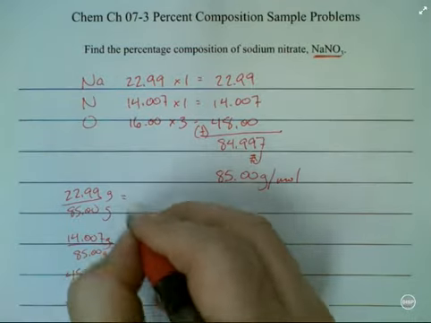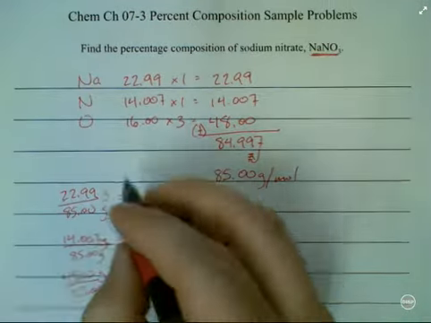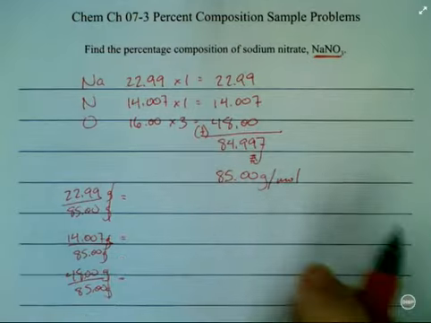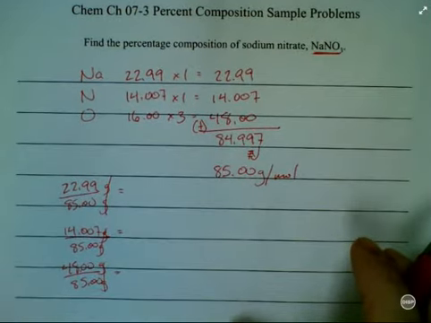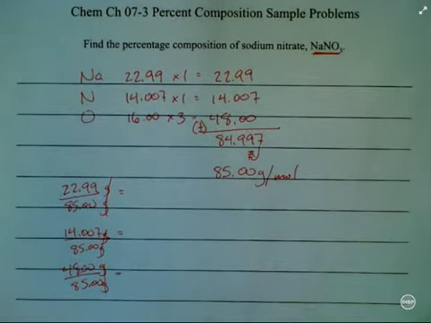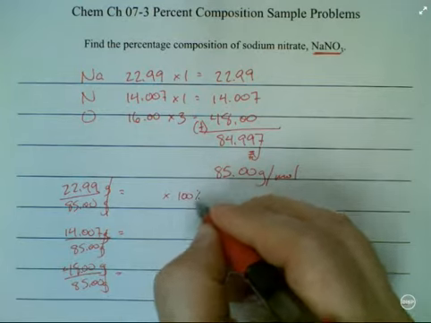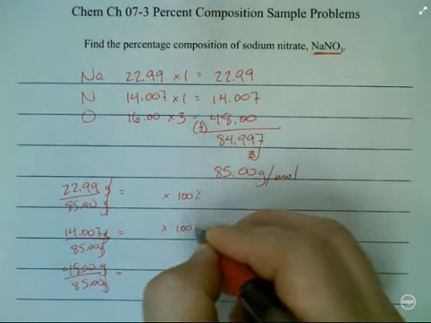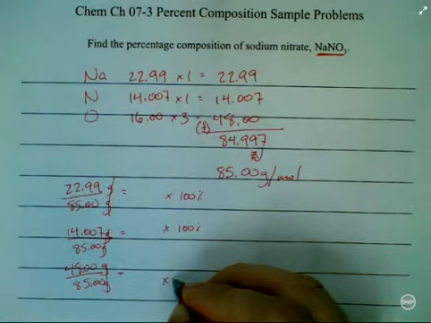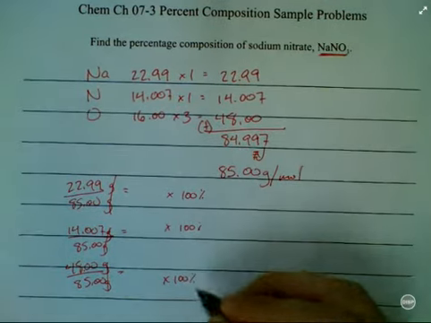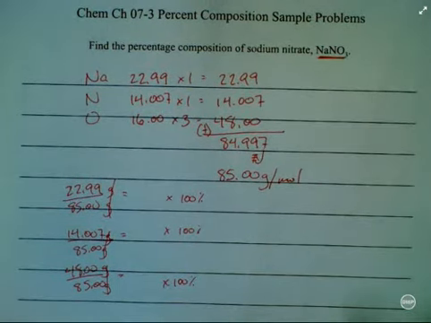Both of those are grams. Now notice that on all of these calculations, the grams are actually going to cancel, and so I'll get a unitless decimal, and it should be less than 1. I'll take that decimal, multiply it by 100%, and that will be the percent composition of sodium nitrate.